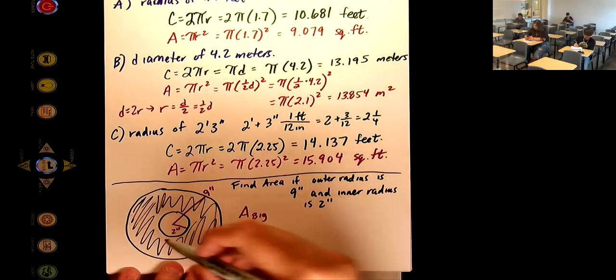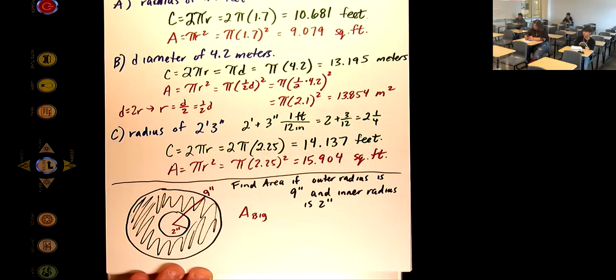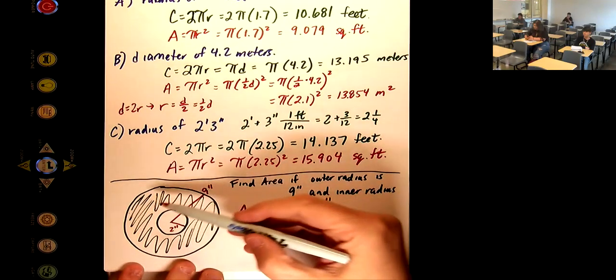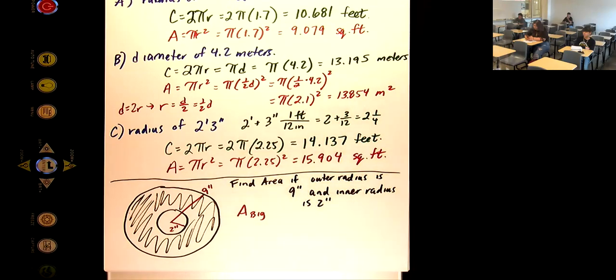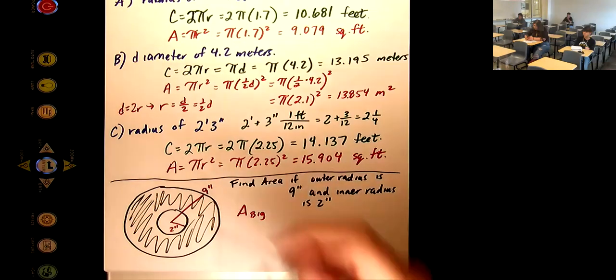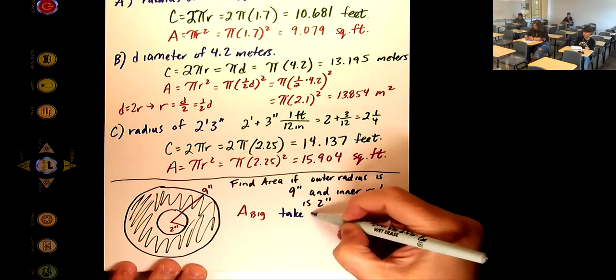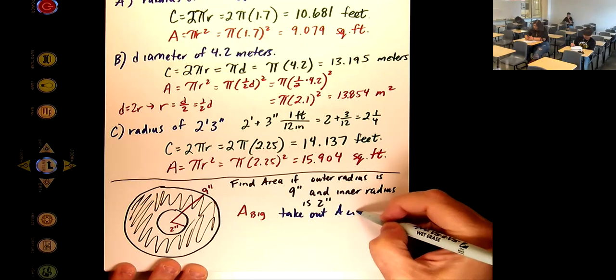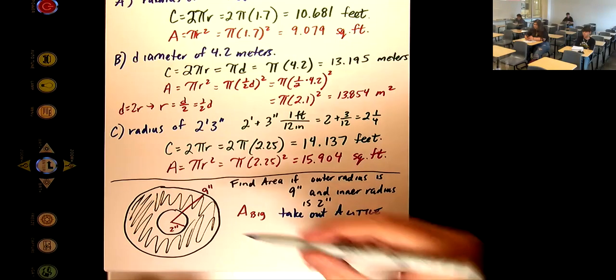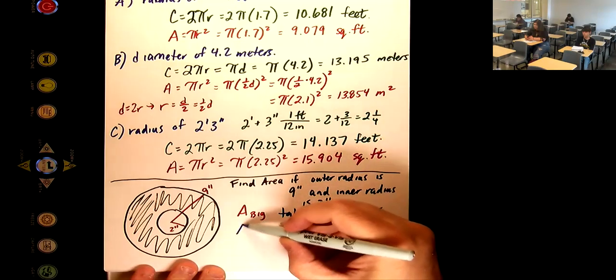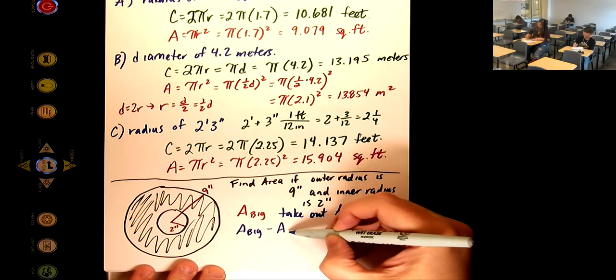If I did 11 inches, it'd be even bigger. If I do the area of the big circle, I'm getting the whole thing though, and I don't want the whole thing, do I? If I do the whole circle, I want to take out the little circle of the little one. Like if I cut it out. What does take out mean in math? Subtract. So I have the area of the big minus the area of the little.